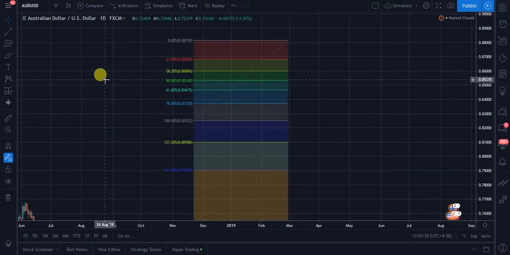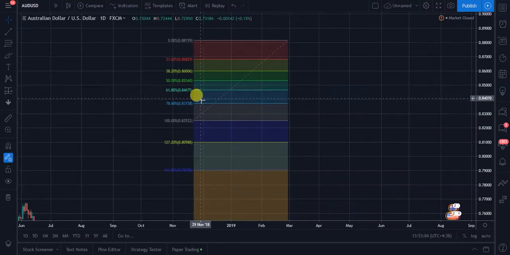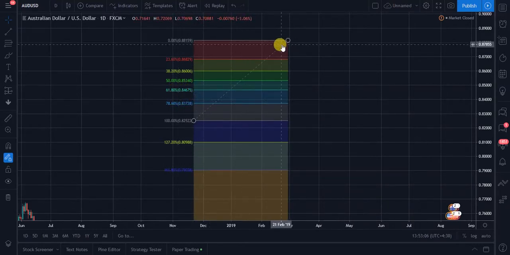But if you want to enter your trades, only use the levels between 0 and 100. Especially, I recommend using these two golden numbers from Fibonacci, that is 61.8 and 78.6%. These two numbers are a great area for entering your trades.